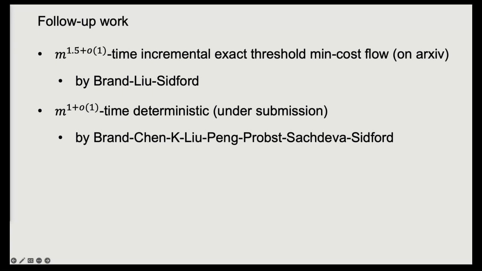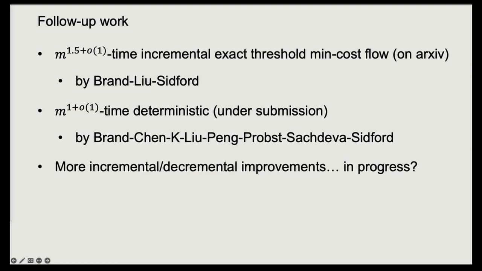That means, for example, that you can build a graph and detect the first time it stops being a DAG, okay? And this is really by just adding edges into the IPM, okay? But they need the data structure to work against an adaptive adversary, which costs them that m^(1/2) factor. And we can also do it deterministically now. That's under submission, lots of people involved. And maybe there are other incremental, decremental things that you can do too. This we're still trying to figure out.